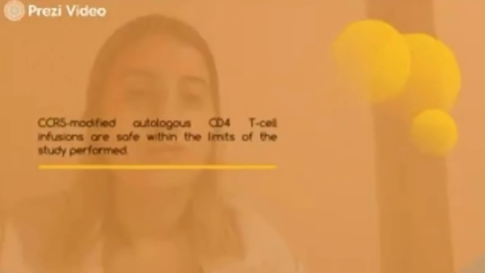In conclusion, CCR5-modified autologous CD4 T-cell infusions are safe within the limits of the study performed. Thank you.